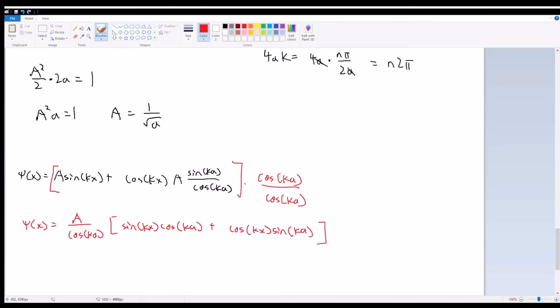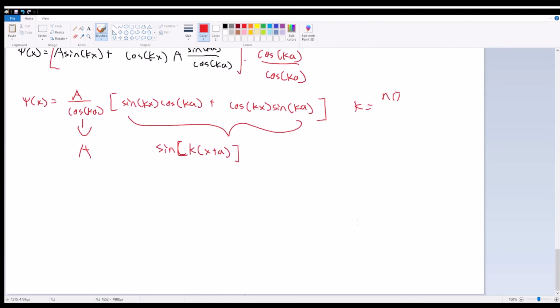So this just goes to sine of k times (x + a), as we expected. However, this term goes down to A, and the reason is that we need to recognize that a is obviously a constant. K is equal to n pi, let me look back up again, yes, k is equal to n pi over 2a. So for any index n, k is also a constant.